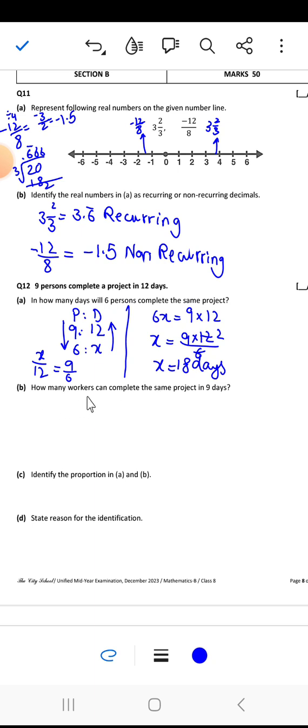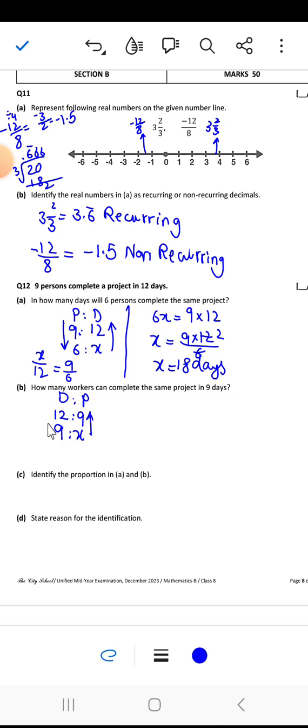Now they are asking how many workers can complete this same project in 9 days. If I write this again, because now I need to find the persons or workers, I'll put that on the left side. So days and persons: when there were 12 days, 9 persons were required. If there are 9 days, let me call the persons x again.